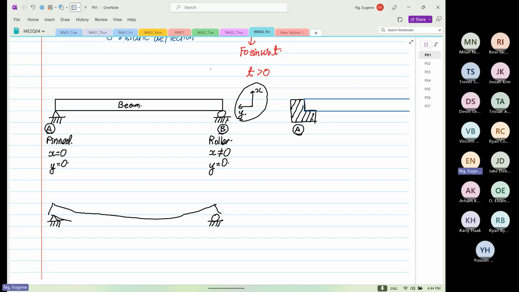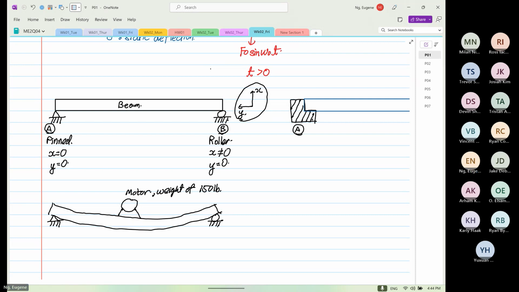It causes the structure to deflect. So now I put a motor. That's a motor. The motor has a weight of 150 pounds.